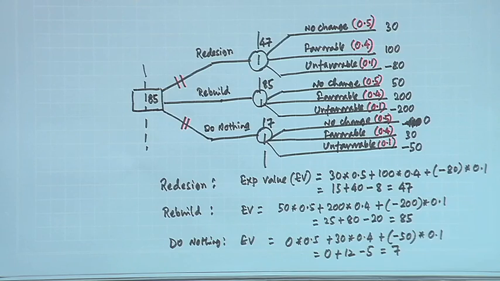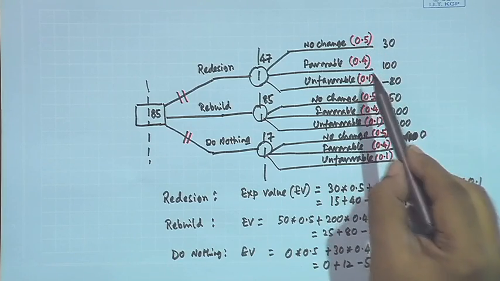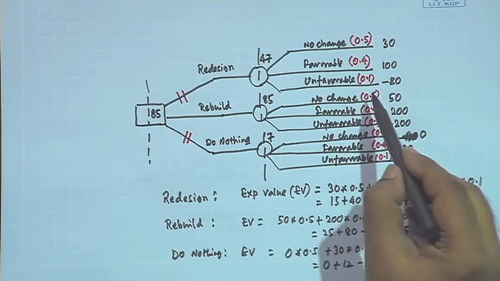An interesting question that comes: supposing the person is a Maximax operator, what would be his decision from this particular decision tree? Very interestingly, the Maximax operator is an optimist. So, the optimist would not believe these probabilities, the 0.5, 0.4 and 0.1.